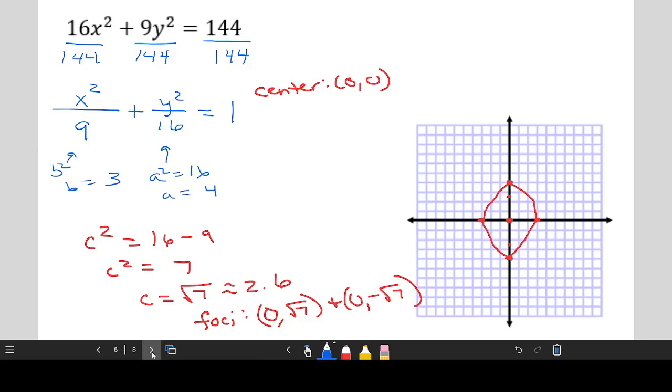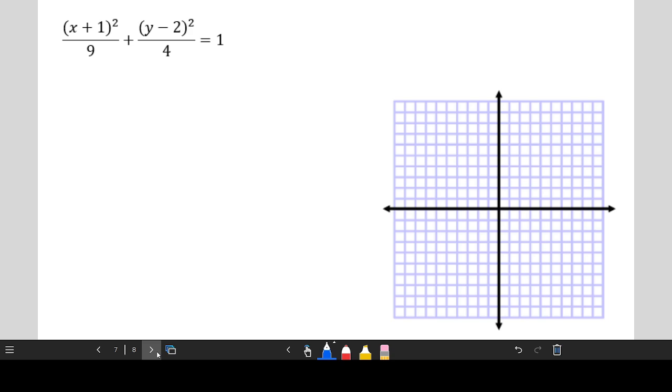We're going to do a couple now where the center is not the origin. So here we have x plus 1. Now be careful because the formula says x minus h squared and y minus k squared, and the center is h, k.